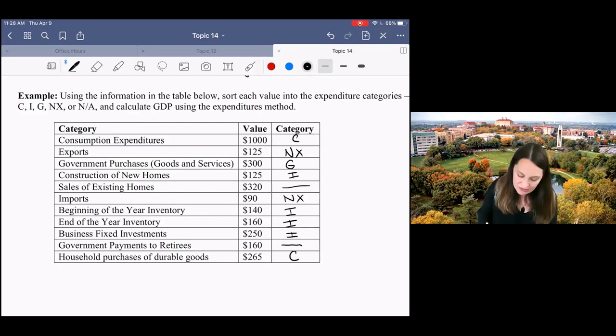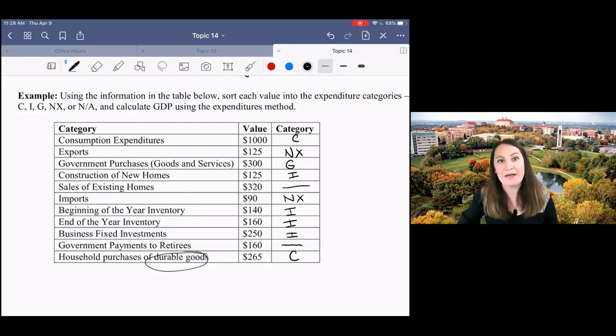And you'll notice here that we've broken out these durable goods, which is actually an important measure of what's going on in the economy unto itself. We look at durable good expenditures because it gives us some sense of consumer confidence. Durable goods are products that last a really long time, like a washing machine or a car or a refrigerator. So you only buy it once every 20 years, maybe if you're lucky.